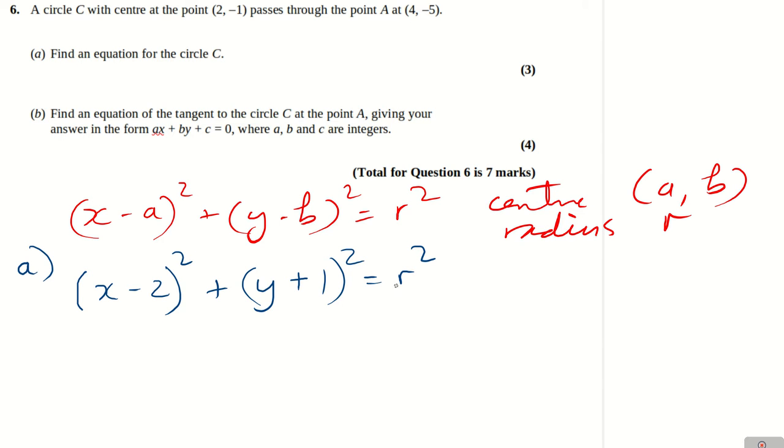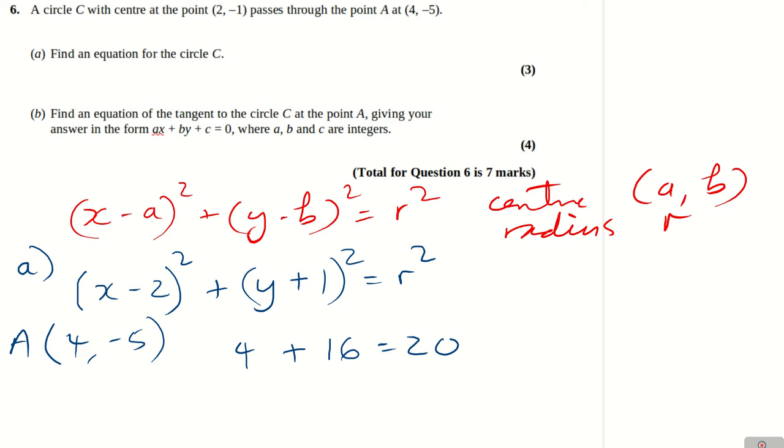Now, because we know that it goes through the point A, (4, -5), if we just substitute the x and the y values into our equation, we should be able to work out what r is. So 4 minus 2 is 2, and 2 squared is 4, plus minus 5 plus 1 is minus 4, and minus 4 squared is 16.